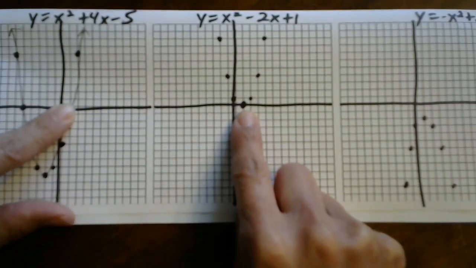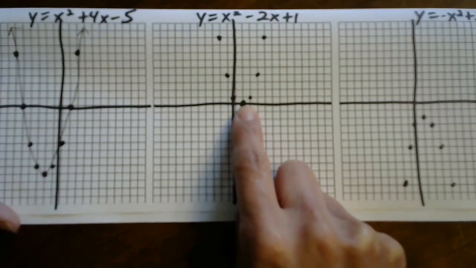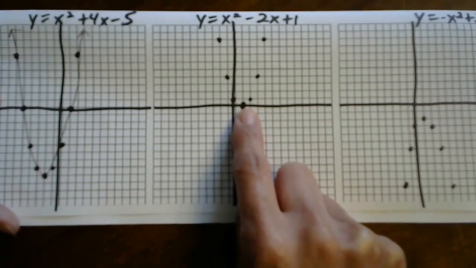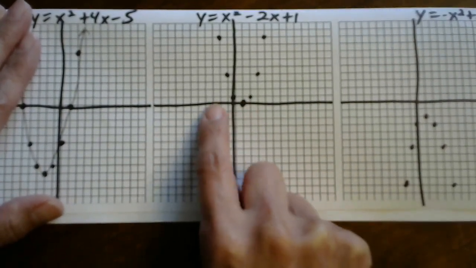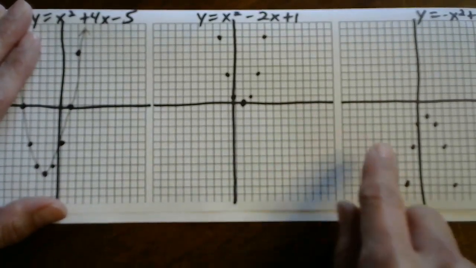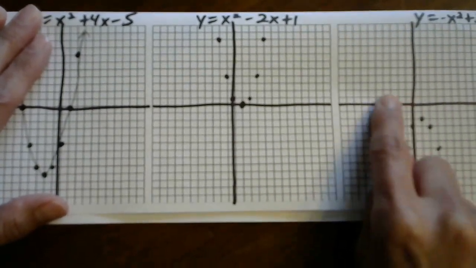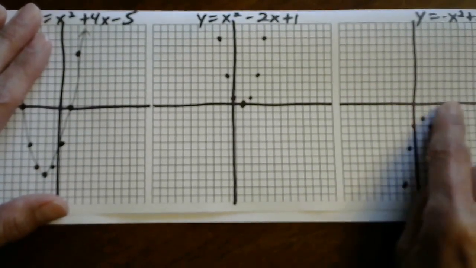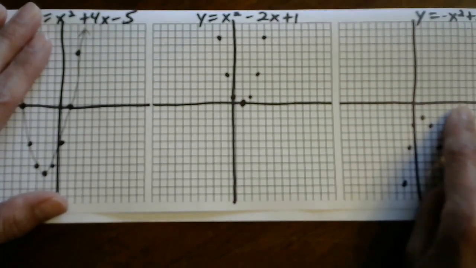On this one, there's only one x-intercept, and it crosses the x-axis at 1. Anytime you have a vertex that's sitting right on the x-axis, you're only going to have one x-intercept. And then notice this one never crosses the x-axis at all, and therefore there are no x-intercepts.